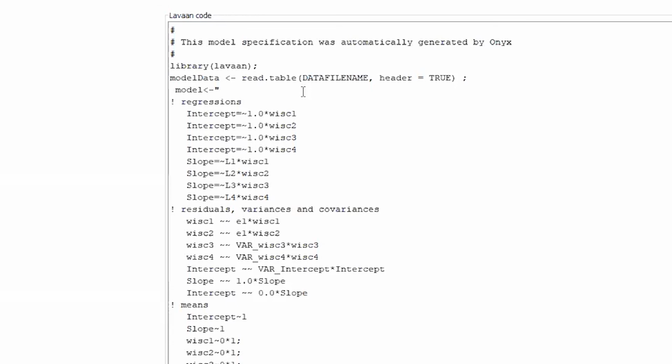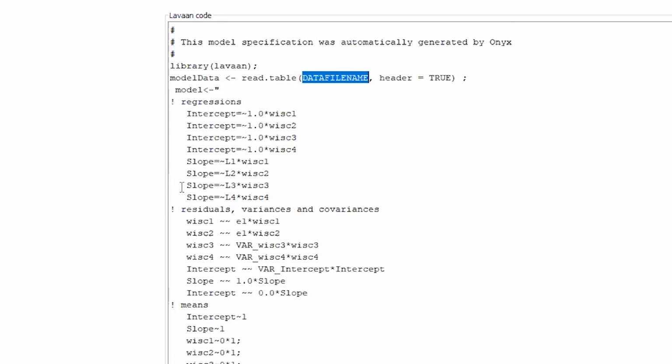The only thing I need to do is to possibly change the working directory lavaan looks at so that it's running in the place I want it to, and to tell lavaan the name of the data set that's here. A little bit of orientation.